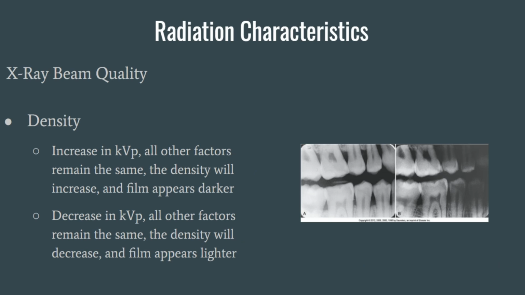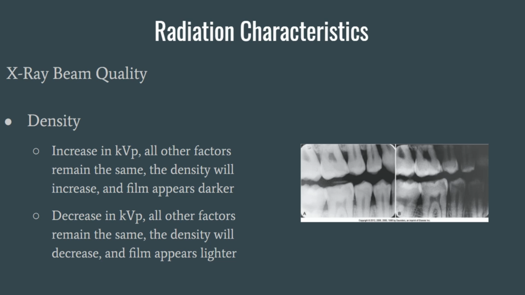So if we increase kVp and everything else stays the same, we do not touch our mA, we do not touch the exposure time, the density will increase and the film appears darker.